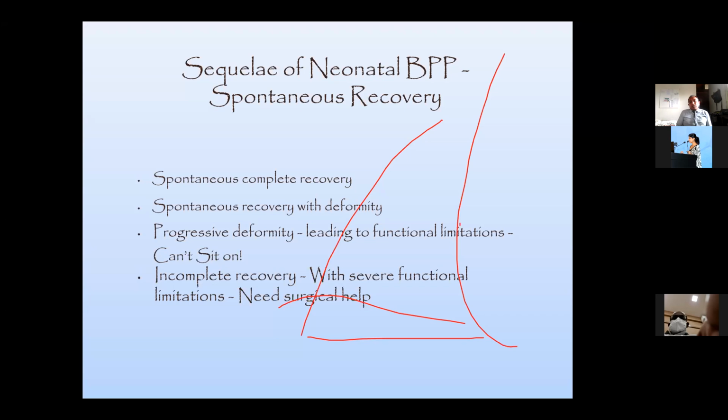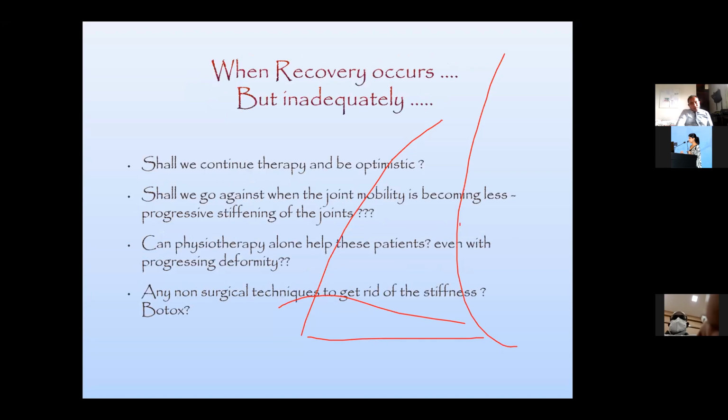With upper plexus injuries, there can be incomplete recovery, and some of these patients have a very limited place for surgery, but they can be helped with some kind of surgical procedure to improve the incompletely recovered plexus.